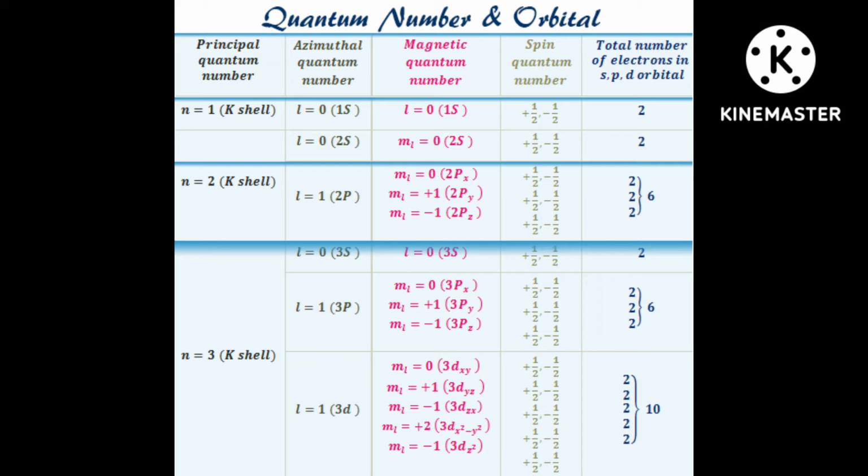For the hydrogen atom and hydrogen-like atoms, for example He+, Li2+, etc., the energy and size of the orbitals depend only on n, only the n value. But already I told you, for multi-electron atoms, it depends upon n and l both.